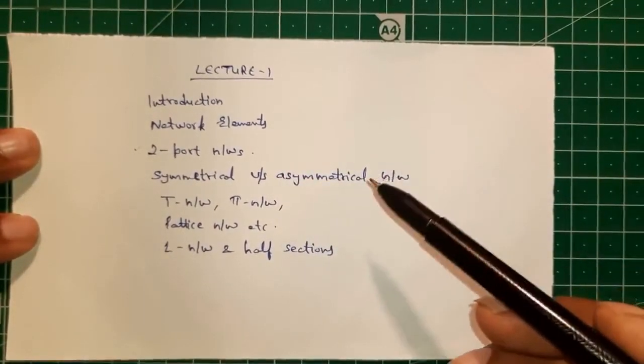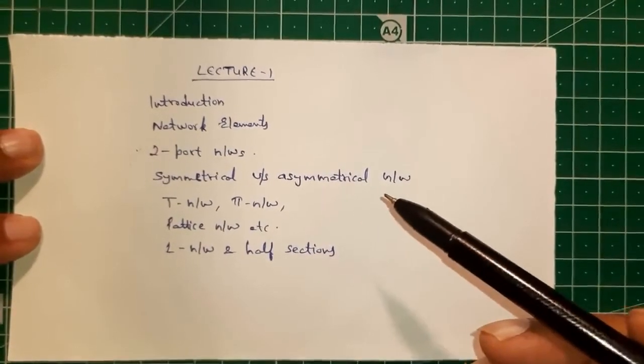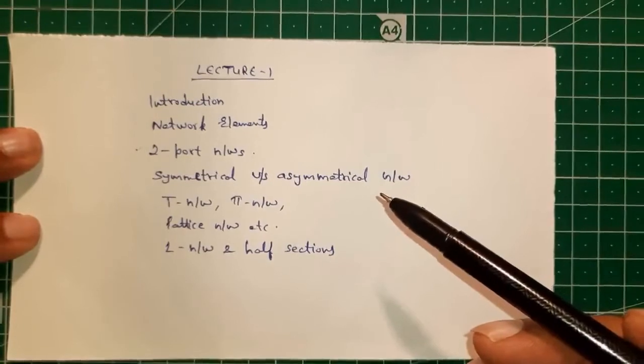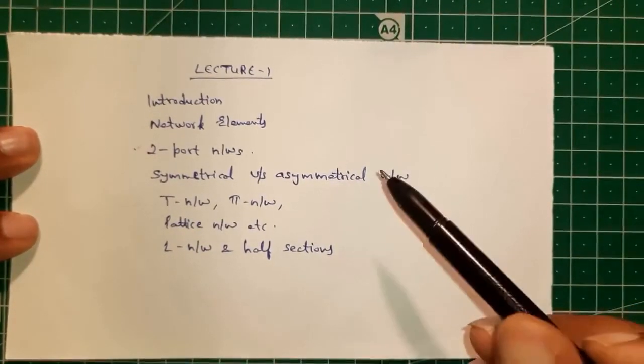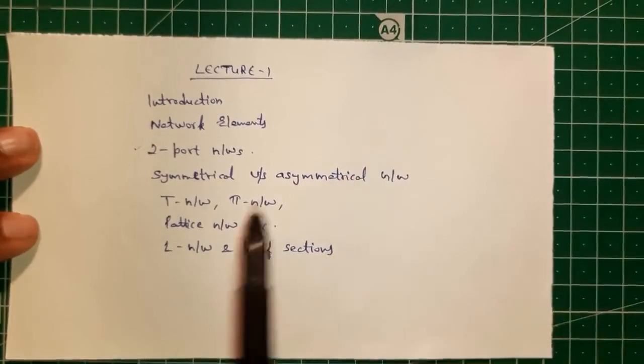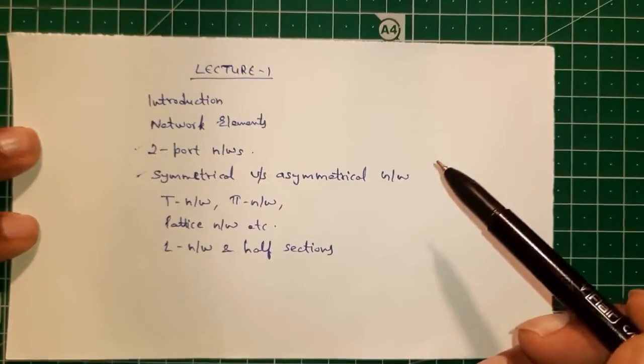From that we have started, and we have understood the application of an ABCD parameter or the transmission line parameter. Then we have defined what is a symmetrical network and asymmetrical network.